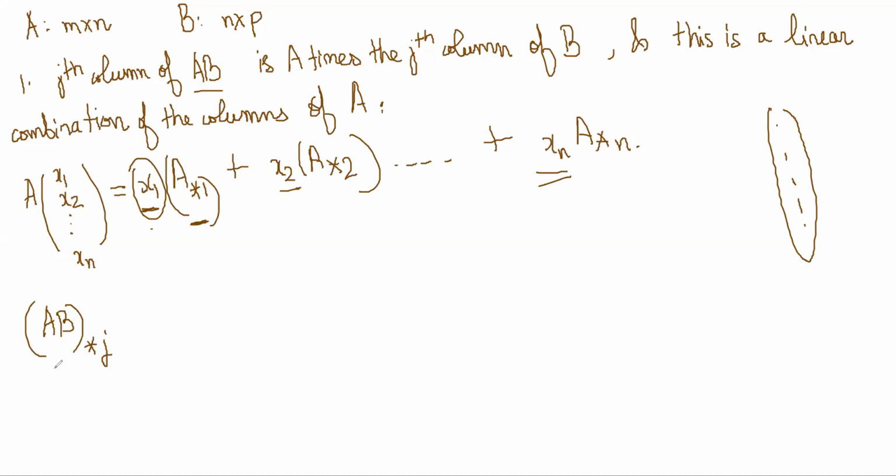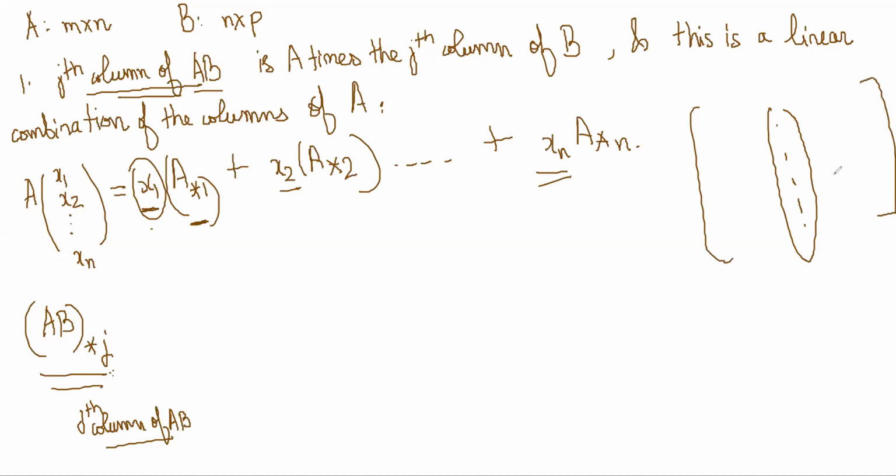So what is the meaning of this? This is like the jth column of AB, no? If I write it like this, jth column of AB, how will you write it? You will fix the j, and star can be anything. Suppose this is the AB matrix.